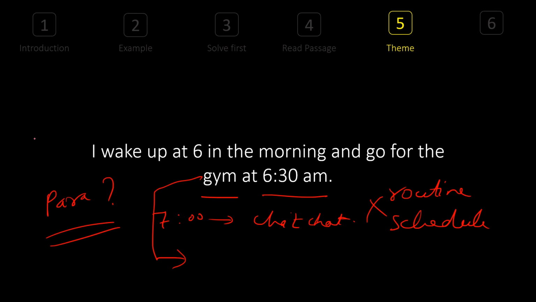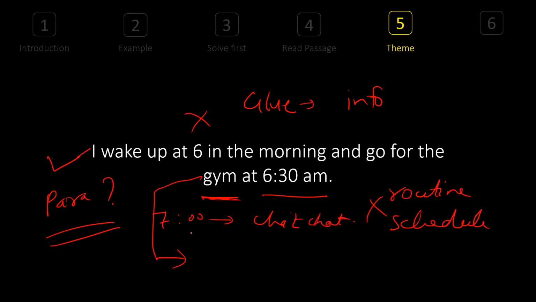So you might be thinking, oh, this sentence gave me all the information. No. In paragraphs, what gives you the information is the glue or the connecting information. For example, the first sentence talked about something called gym, but you thought of all other things.